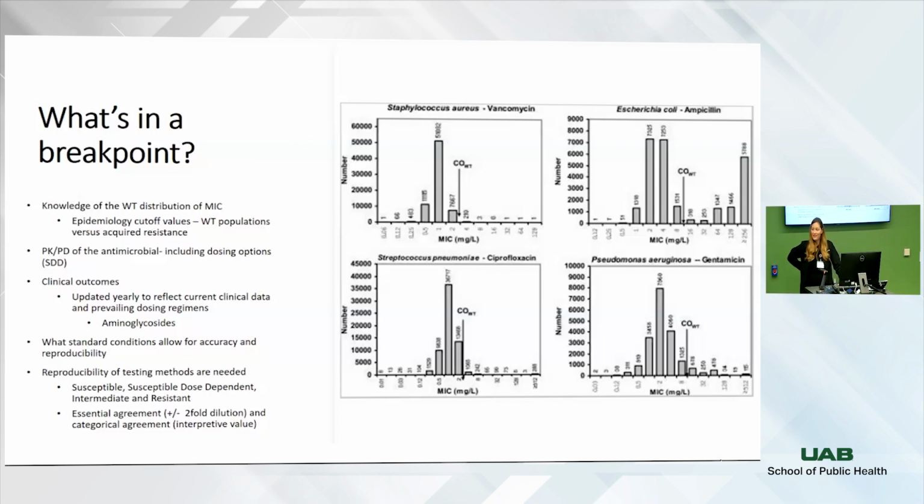Okay. What if I tell you Pseudomonas is intermediate to meropenem? What does that mean? What does intermediate mean? Intermediate means that it may or may not work depending on the pharmacokinetics of the drug. So some drugs concentrate in certain tissues.